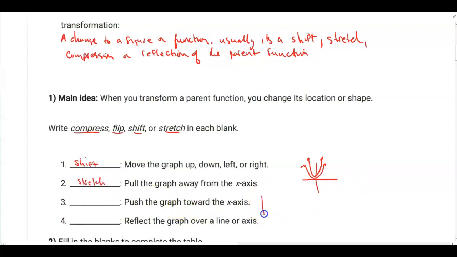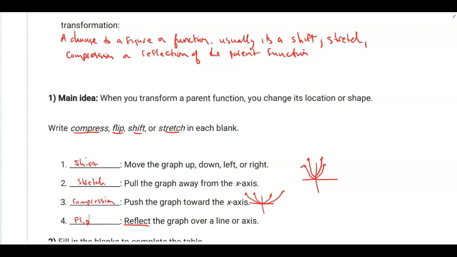Then when we shrink it, we make every point closer to the x-axis. We call that a compression. And anytime you see the word reflect the graph over a line, what that means is we are flipping it over a line.